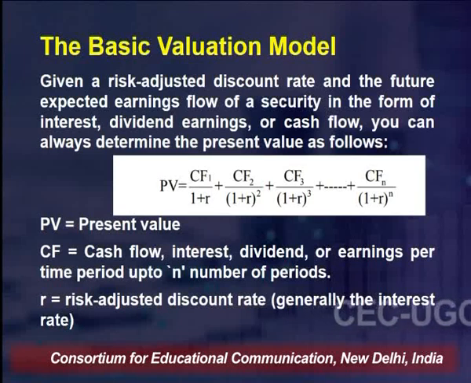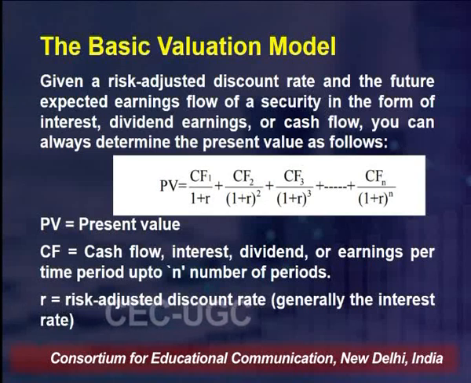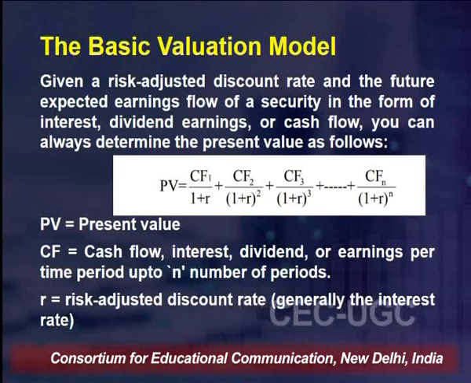Then we add it with cash flow 2, and cash flow 2 again we need to calculate its present value. So we need to discount cash flow 2 with 1 plus R raised to the power 2 because here the waiting period is 2 years, and so on and so forth. So when you do a summation of the present values of all the cash flows, what you land up with is your present value of that particular security.